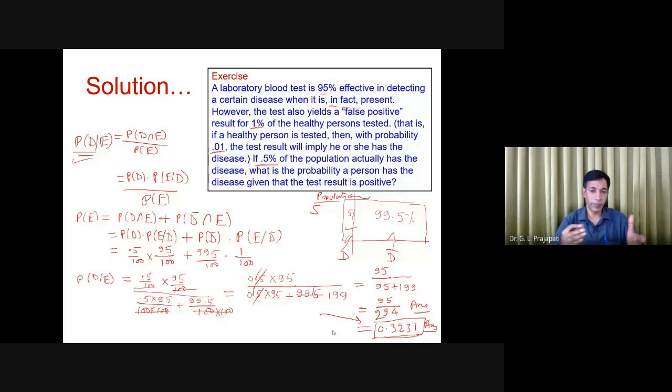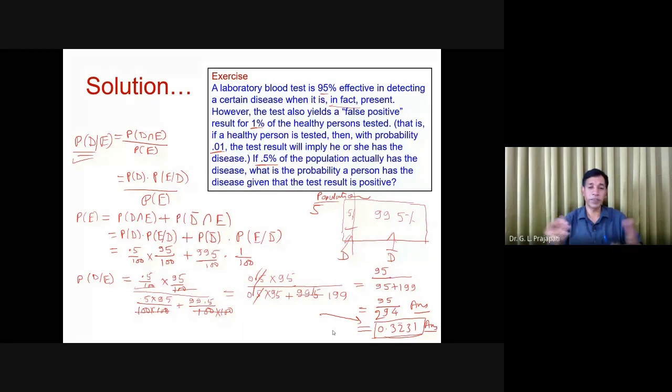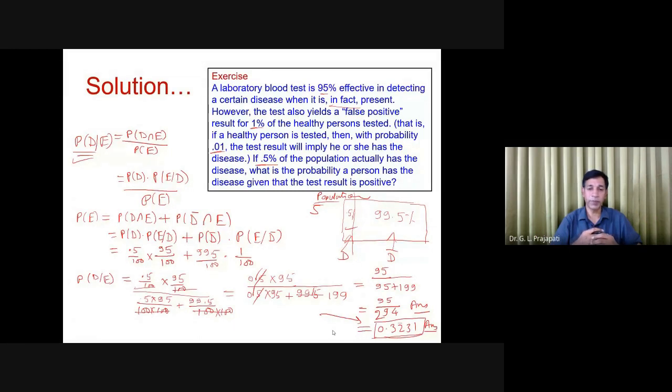The medical line is a very sensitive area. You know that prediction of disease is a very sensitive area. If somebody is not having cancer and you are saying that the person has cancer, and your test result for cancer is positive, and actually the probability of being cancer is 0.3231.